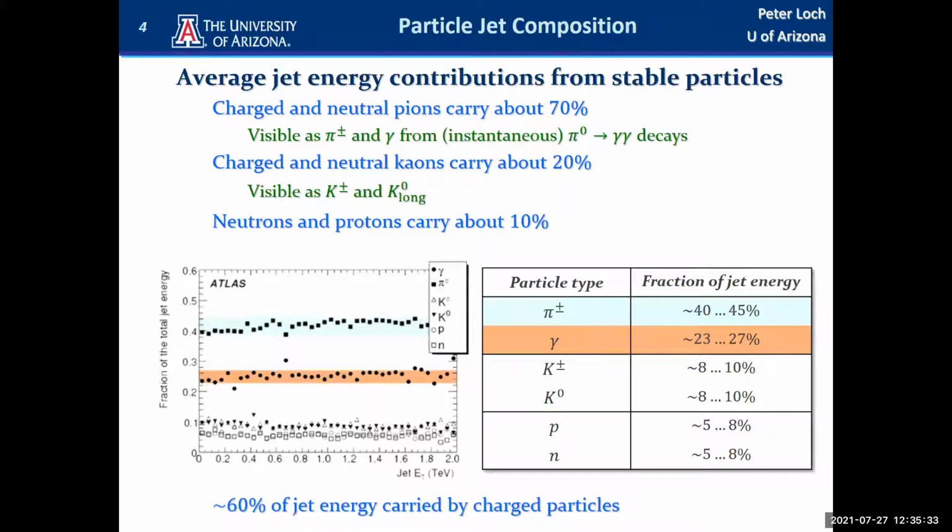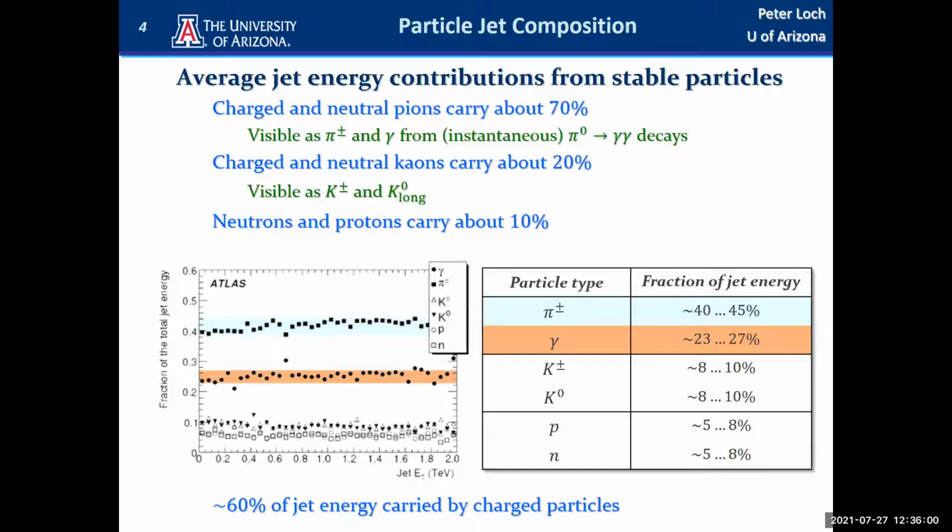The first thing we can check is the composition of the jet in terms of stable particles. The little plot you see here on the left is from a specific version of Pythia. This is an old plot, I'm afraid it's Pythia 6, which has been tuned in terms of the production of flavor and the parton shower with LEP data.